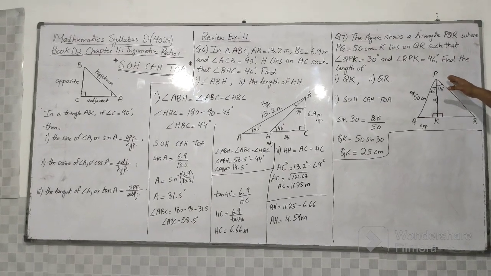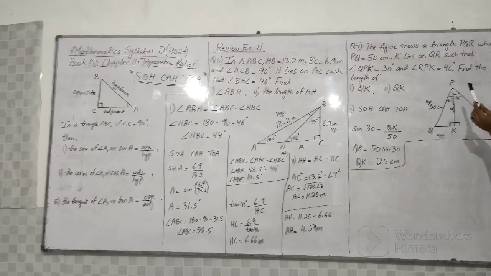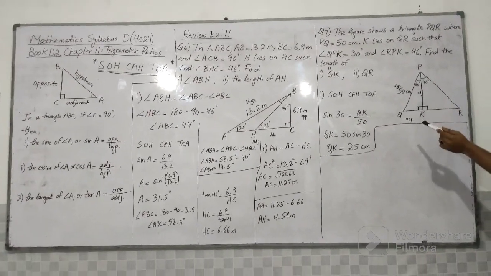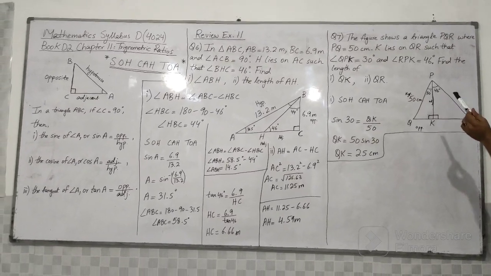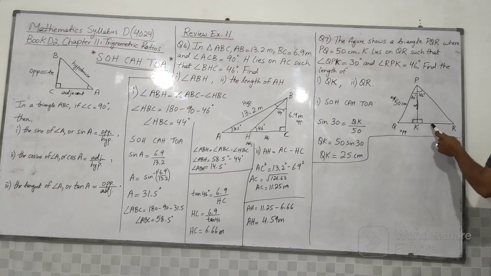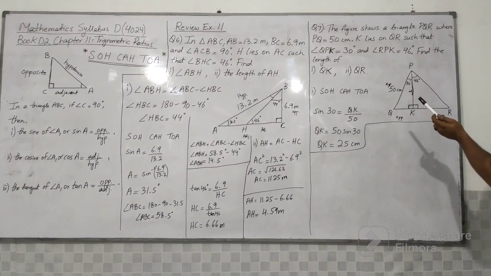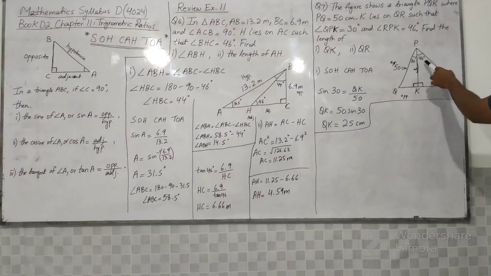Why? Because if you consider this triangle, you only have one angle here, no side. So in order to find this KR, you should at least have one side, either the hypotenuse, the adjacent, or the opposite. You don't have any of the three sides, but only one angle.